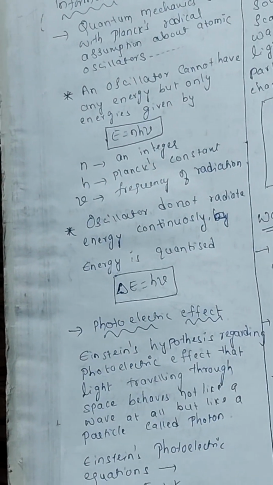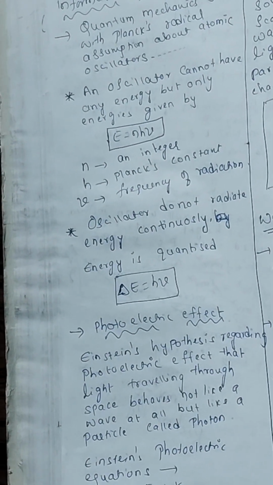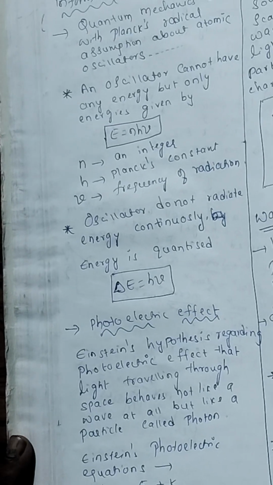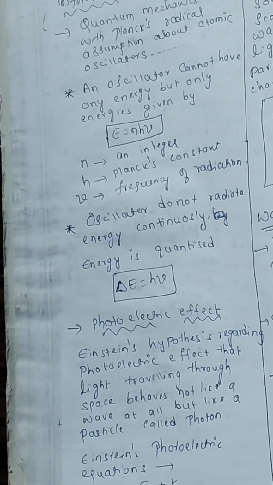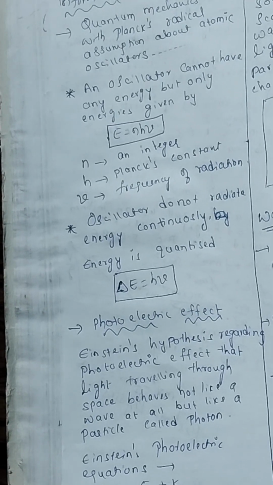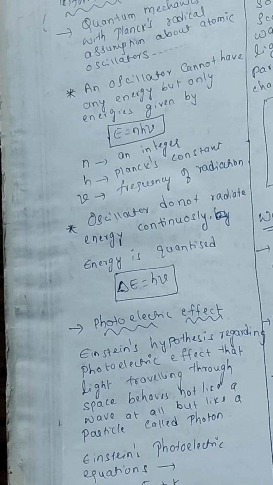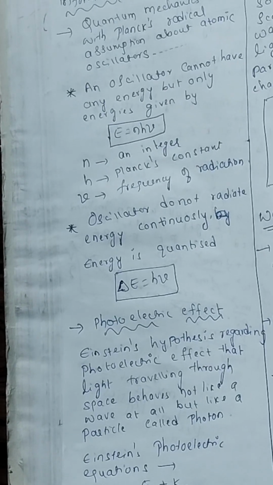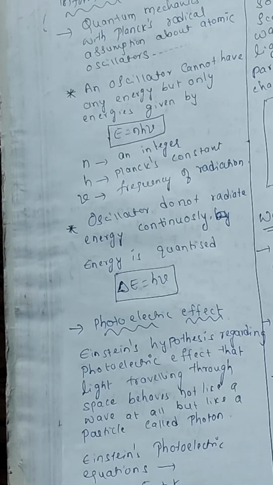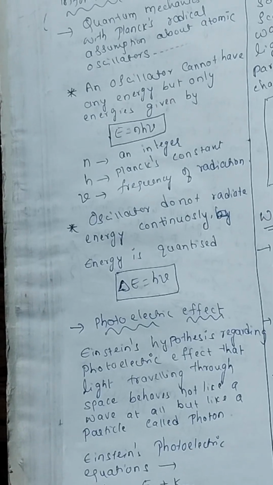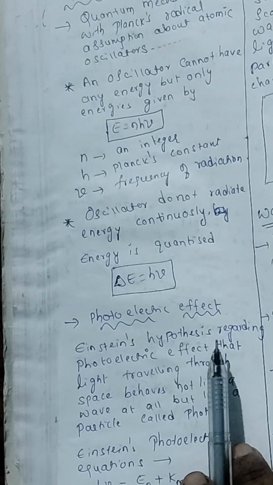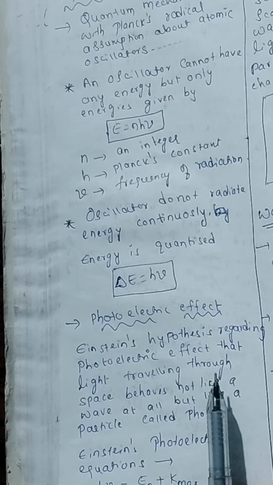This process of emission of electrons from metals, we call the photoelectric effect. Photo means here photons are incident on the metal. Due to that, electrons which are responsible for the current flow are emitted. So we call it the photoelectric effect, and this hypothesis is given by Einstein.